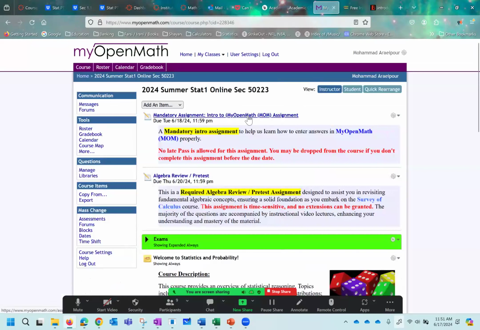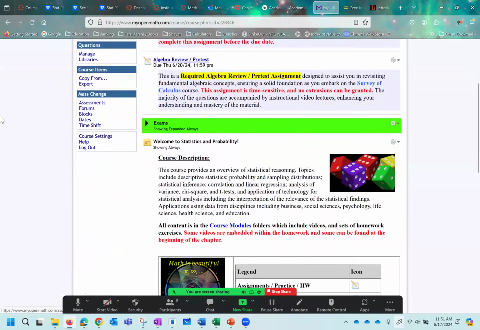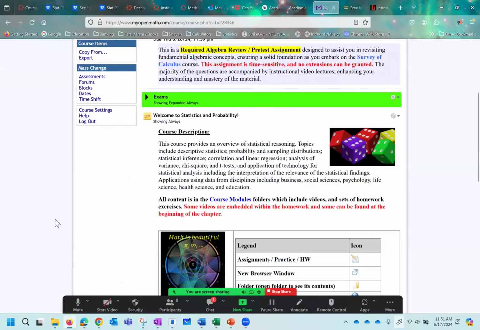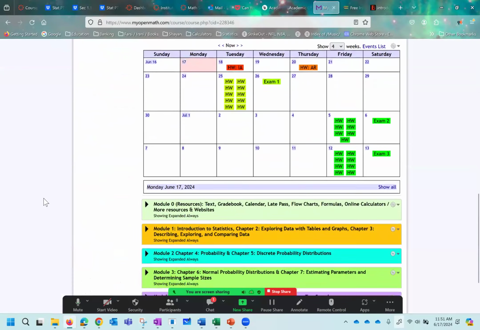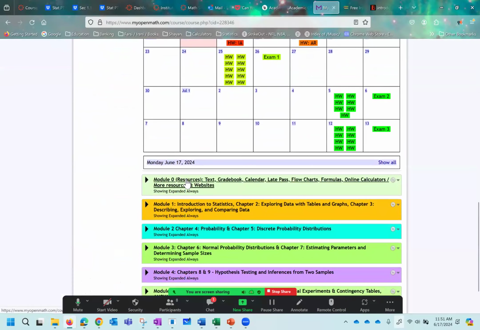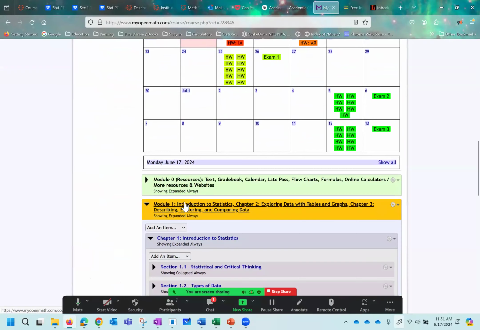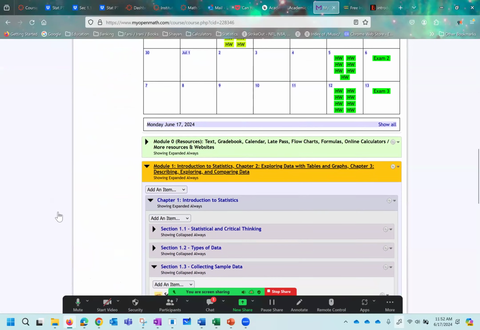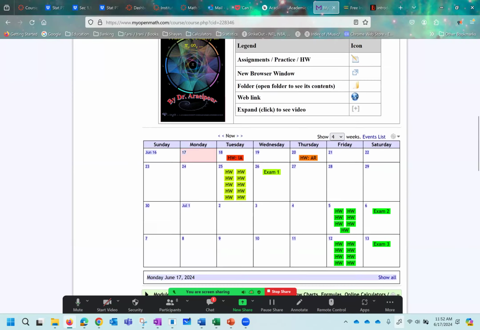The very first one is introductory assignment, then it's pre-algebra, then the exams, and again, you don't need to worry about them yet. Then we see the calendar. Module 0 has all the resources. I highly recommend you spend a few minutes to figure out what resources you need. And then you start with module 1 and don't worry about any other modules. By the time you finish module 1, you know exactly what to do.